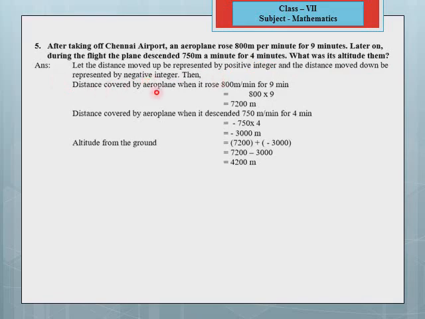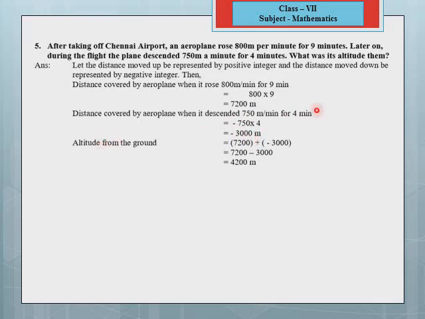Distance covered when the plane rose up 800 meter per minute for 9 minutes will be 800 into 9, that is 7200 meter. Distance covered by aeroplane when it descended 750 meter per minute for 4 minutes will be minus 750 into 4, that is minus 3000 meter.